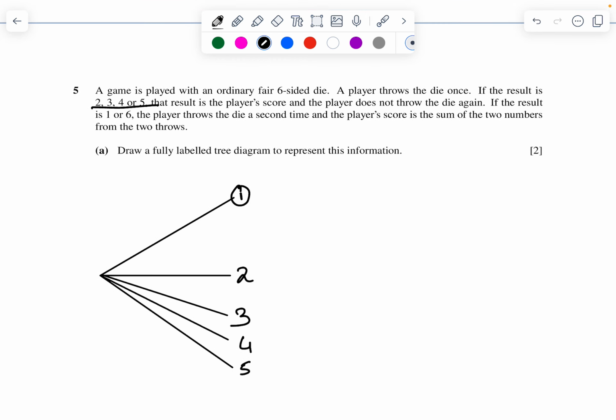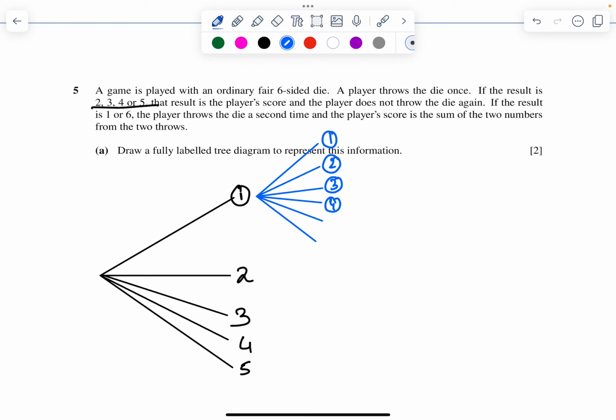If the result is 1 or 6, he throws for the second time, and the score is the sum of the two numbers. So whenever he gets 1, he throws for the second time. He can get 1, 2, 3, 4, 5, or 6.